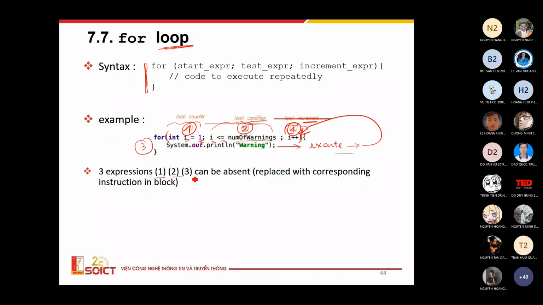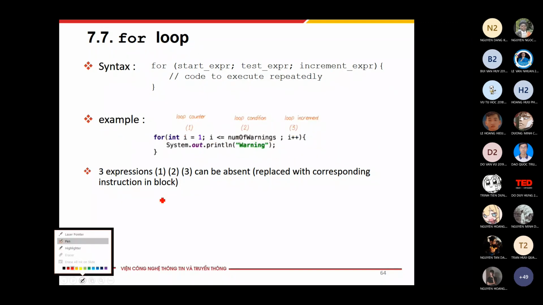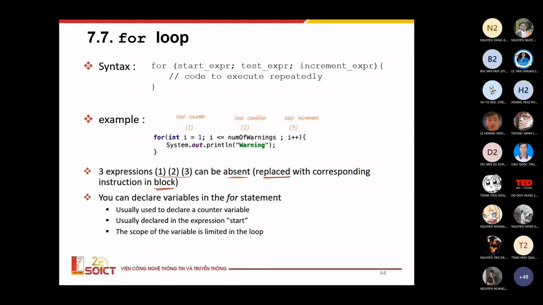And this expression 1, 2 and 3 here, I come back to the original. 1, 2, and 3 here can be absent, and you will have to replace it in the block. Okay. So for example, here you can write something like this.